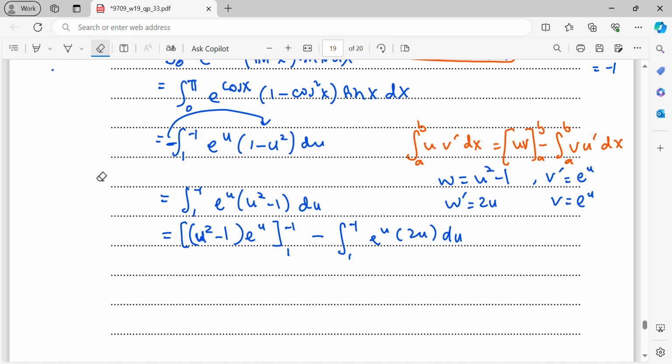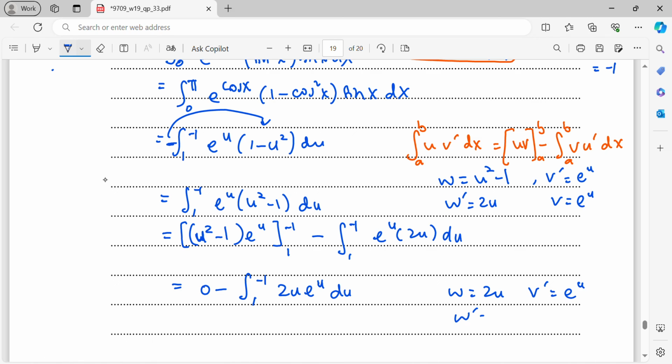Then I'm getting this now, which means for the first part, no problem, just replace. So u squared is minus 1 squared, minus 1 is still 0. So the first term is 0. Then when the u is replaced by 1, it's still 0. So everything is 0. So I need to integrate from 1 to minus 1, 2u e^u du. Again, this is by parts. So my w is 2u, and my v prime is e^u.